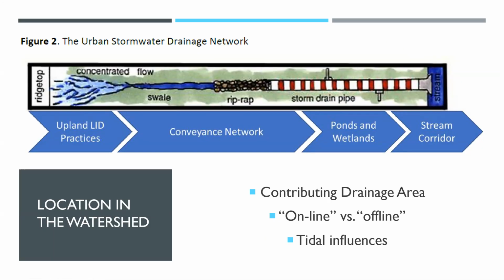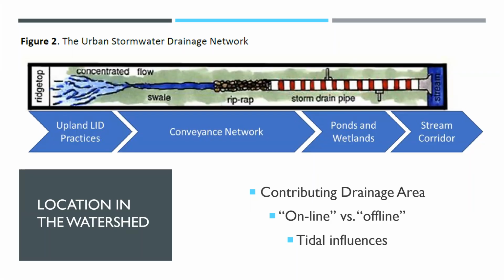So the rest of the talk is really going to hone in on this location-based framework. So we've got our urban stormwater drainage network where we go from our upland areas with our dispersed flow, where we have these distributed LID practices with relatively small contributing drainage areas. Some of them might be online, or in other words, in the flow of the natural runoff path, but a lot of those tend to be offline practices.